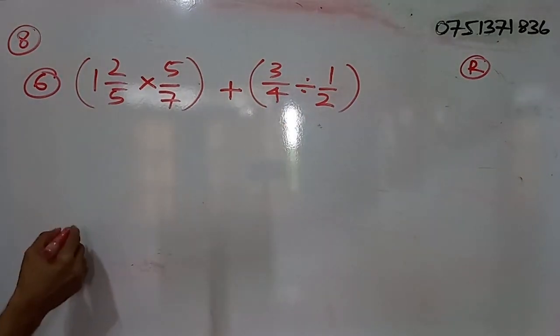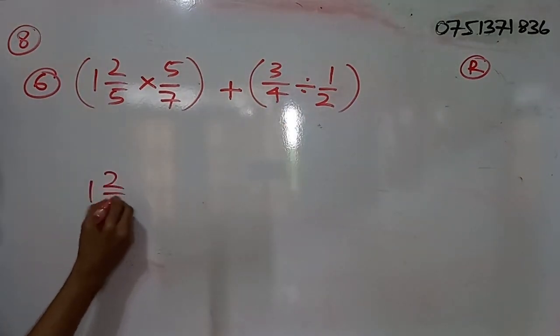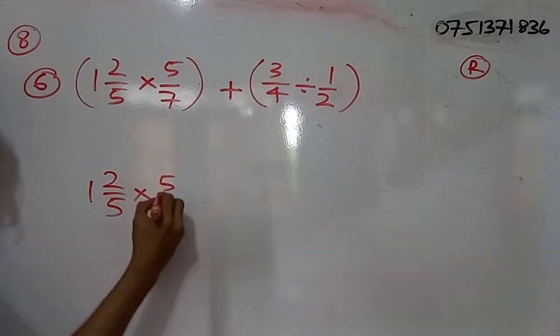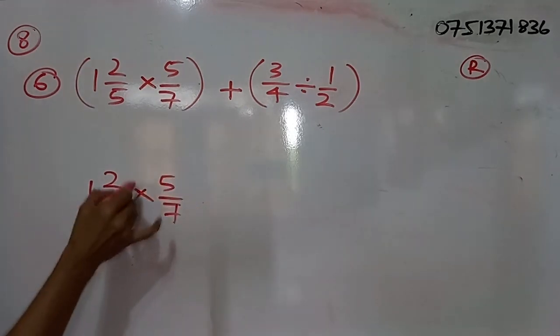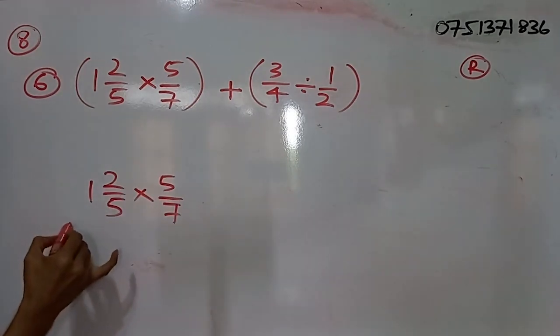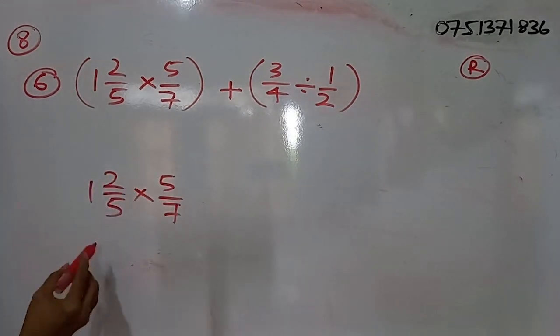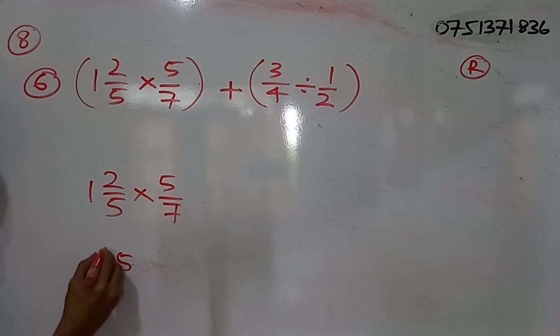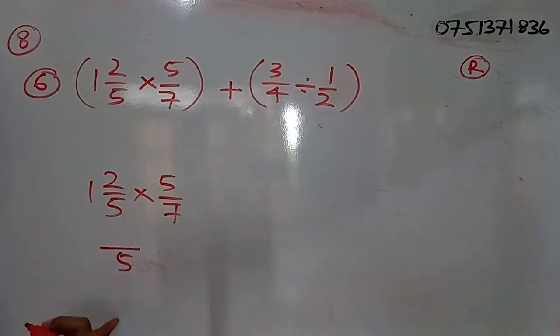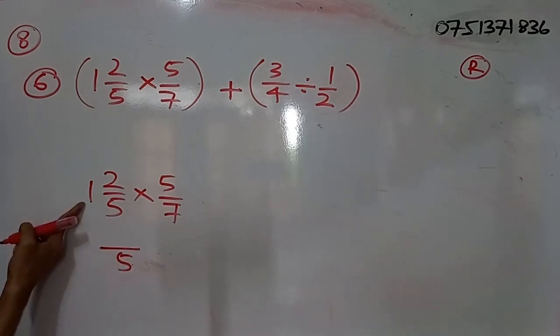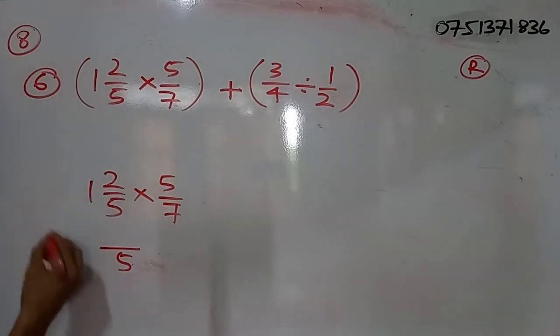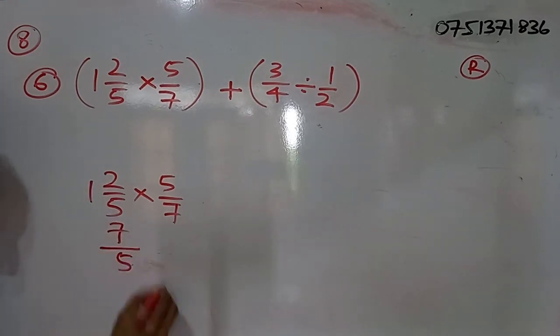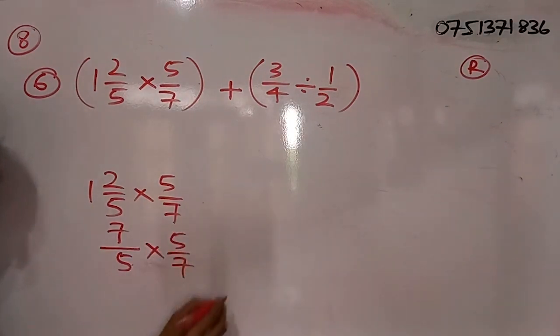Right. So here we have what? 1 and 2 by 5. We have to multiply that by 5 by 7. So this is a mixed number. So we have to convert it into what? In proper fraction. So the denominator will be the same. What will be the numerator? 5 times 1, that is 5. To that add the 2. So this becomes 7. Multiply that by 5 by 7.